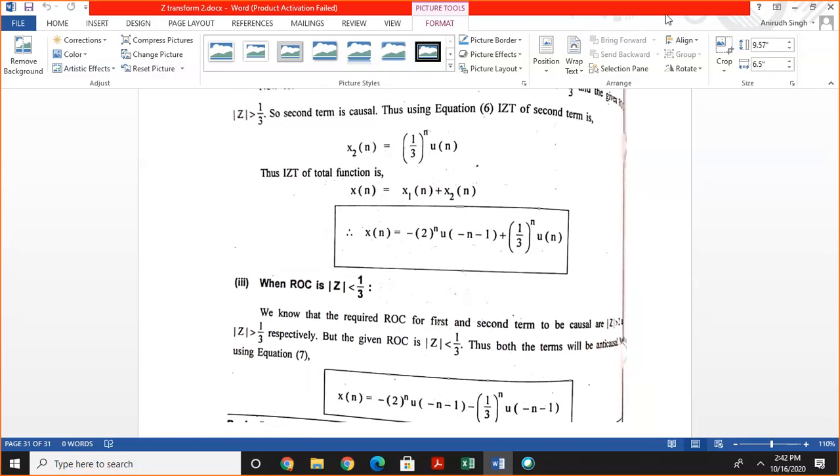This is anti-causal. It means that it is multiplied by u(minus n minus 1). We can use this formula for an anti-causal sequence. So x(n) is given by minus 2 raised to the power n u(minus n minus 1).